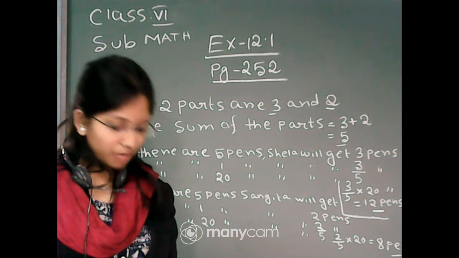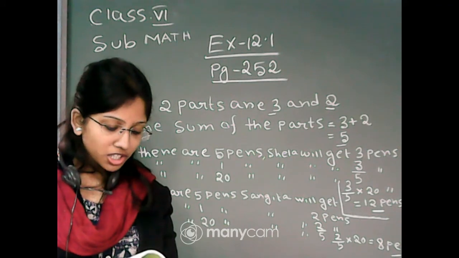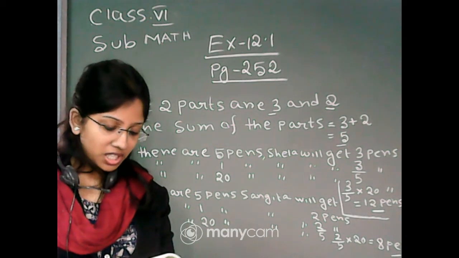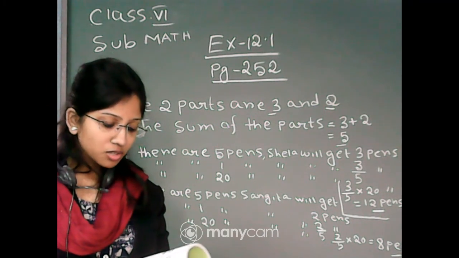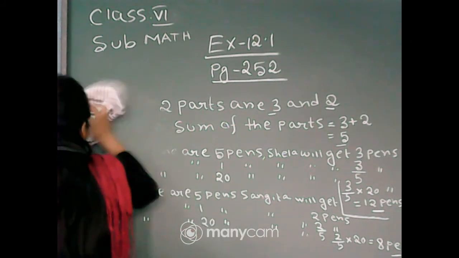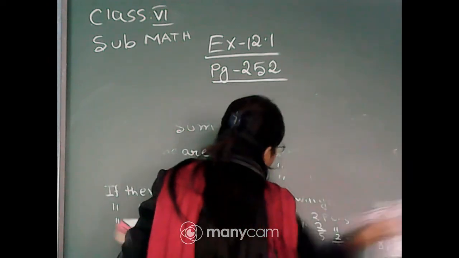Present age of father is 42 years and that of his son is 14 years. Find the ratio of present age of father to the present age of son.